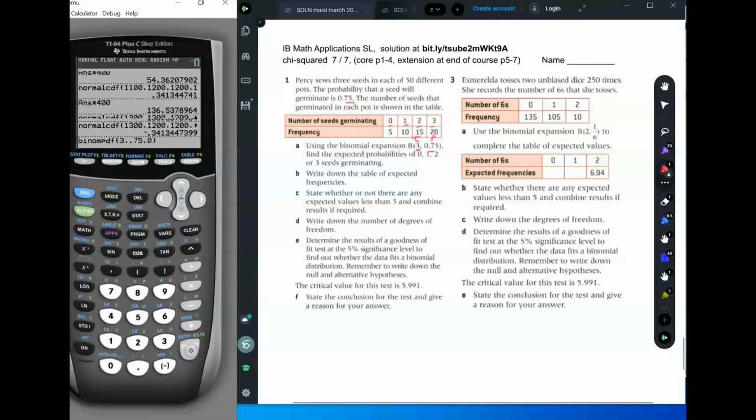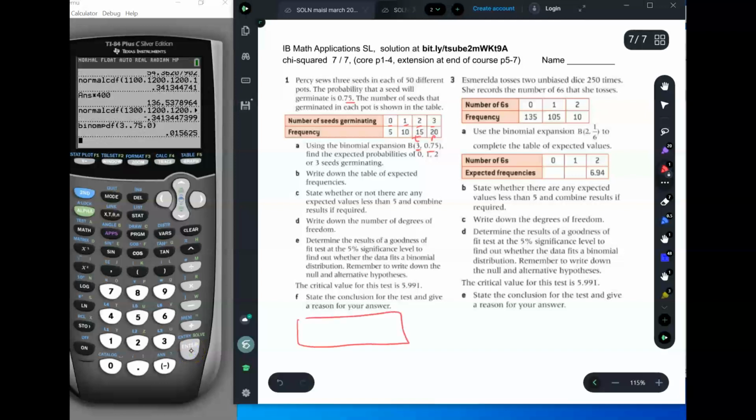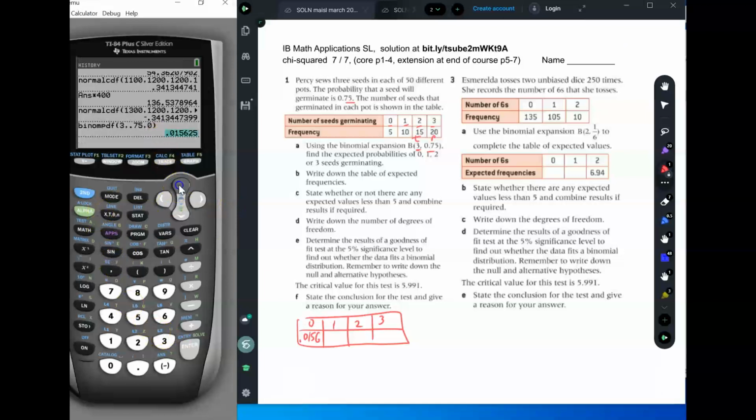And okay, I'm just going to make a little table, and it's also going to have 0, 1, 2, 3, and these are going to be the expected probabilities. So it's going to be 0.0156 for 0. And then I'm going to do the same thing for 1, 2, and 3. So what I can do is just copy paste this, and then I'll put 1 here instead of 0.